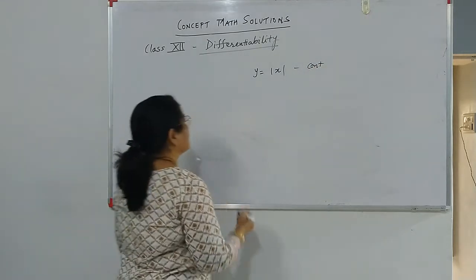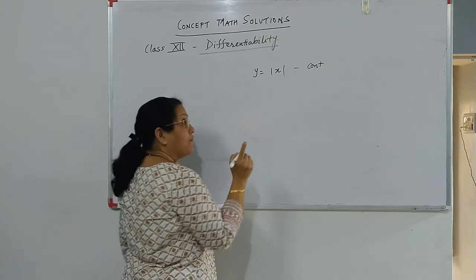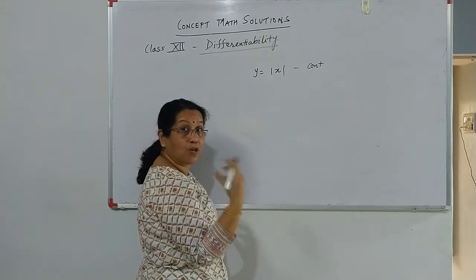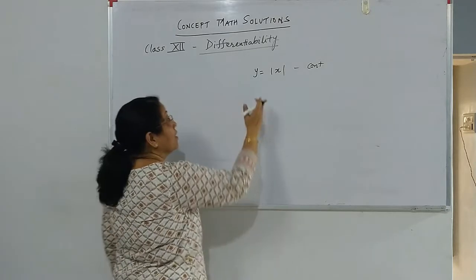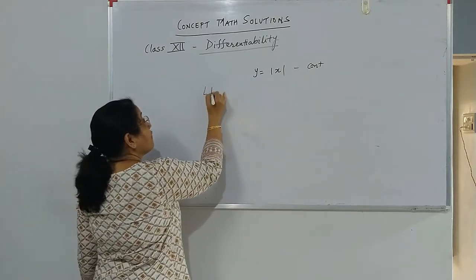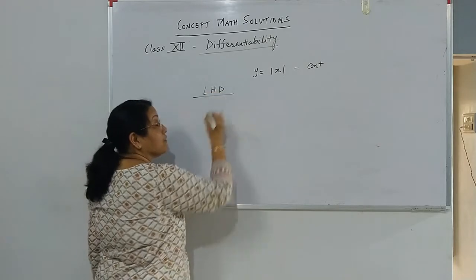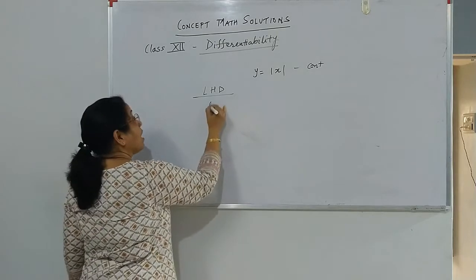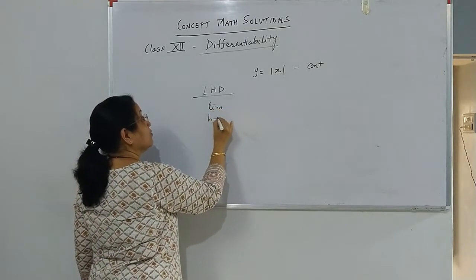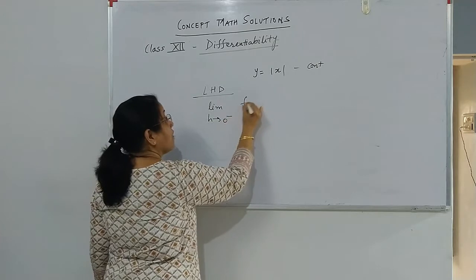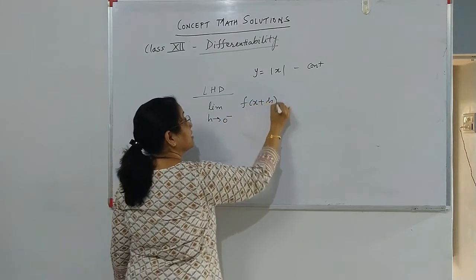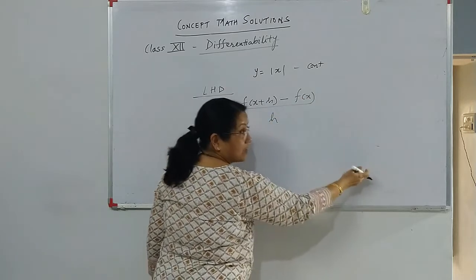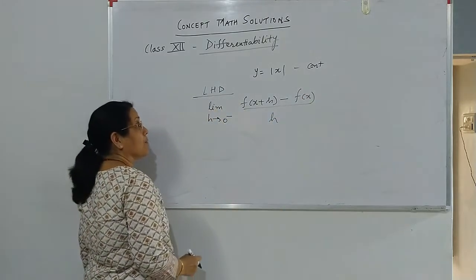If I find the critical point, that is the value of x when the expression becomes 0, that is x is 0. So if I find the left-hand derivative, that is on the left of 0, I have limit h tends to 0 from left, f of x plus h minus f of x upon h. That was the definition which I discussed just now.